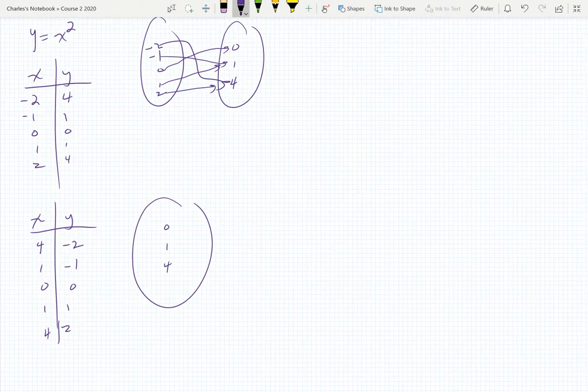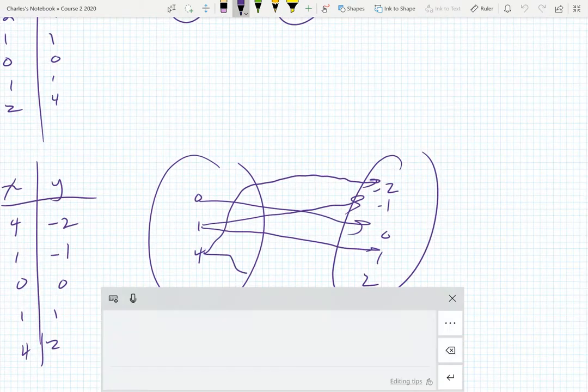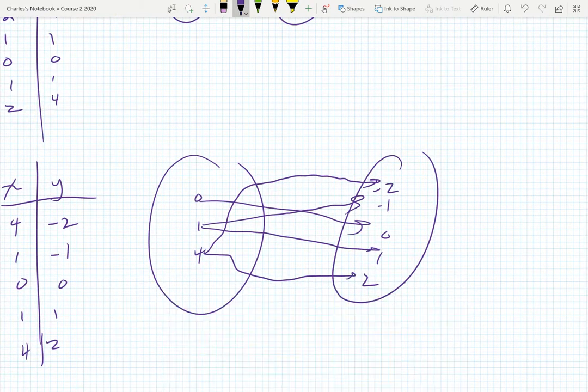I'd have 0, 1, and 4, and I would have -2, -1, 0, 1, and 2, and 0 would go to 0, and 1 would go to -1, but it would also go to 1, and 4 would go to -2, and 4 would also go to 2.